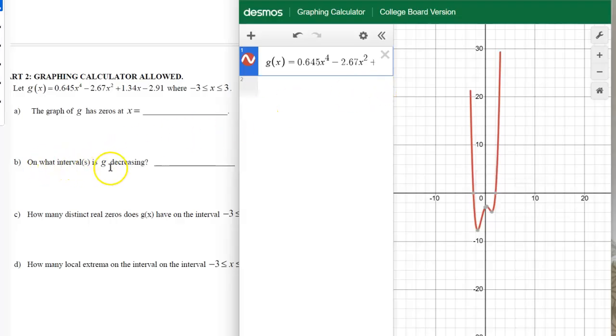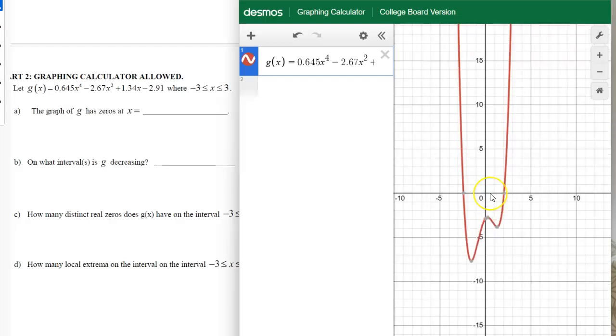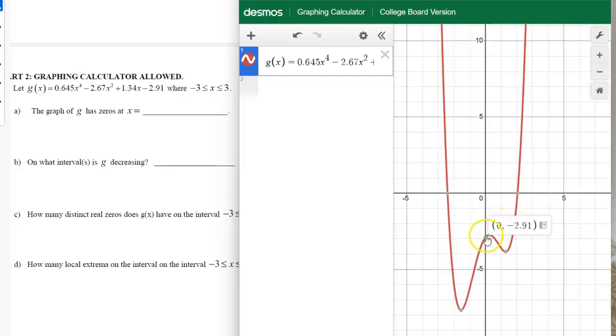Letter B, on what interval is G decreasing? A function is decreasing means that it has a negative slope, right? So it goes from all the way here to here, negative slope, and where else? You can zoom in to see what's going on from here to here.